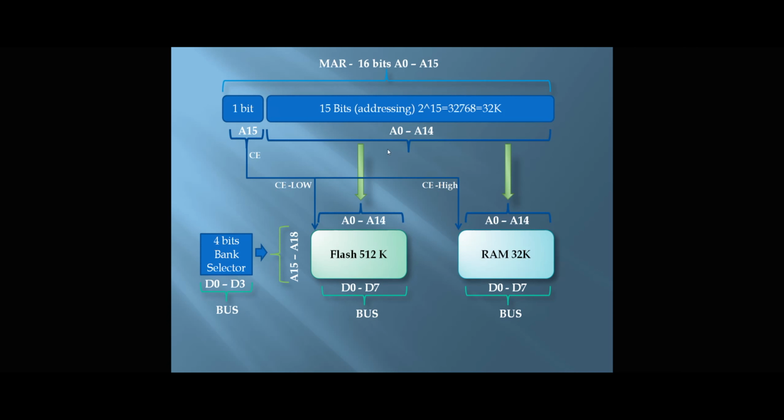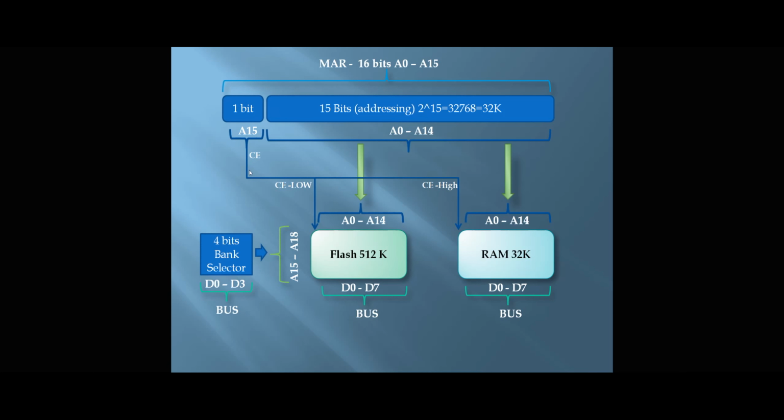We are also using the most significant bit output from our memory address register as a chip selector, right? And I talked about that the output of this most significant bit actually is going through a little circuit here that enables us to activate or enable one of these chips at each point of time.